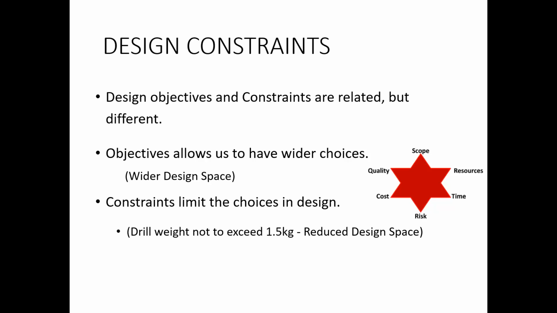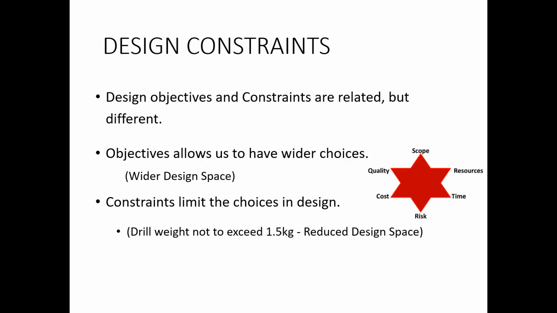A portable drilling machine is an example of an objective. Portable can mean a lot of things as we discussed earlier. So it is a wider design space. The design engineer can design the machine as a lightweight machine, an ergonomic machine, a user friendly machine, or a reduced size machine. A lot of design aspects can be brought.